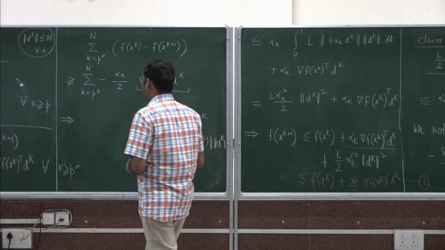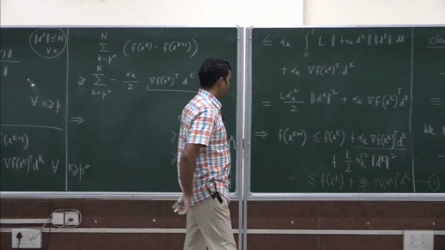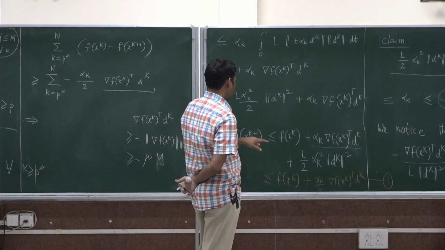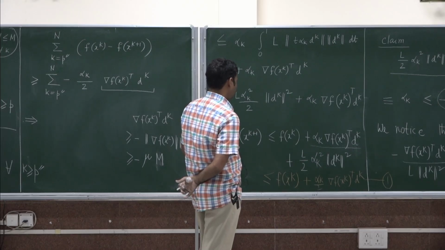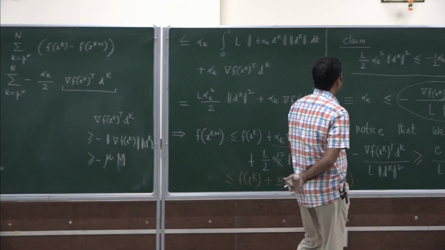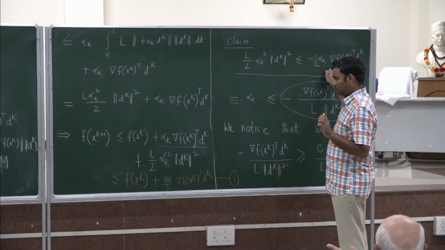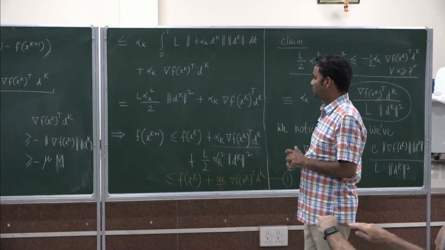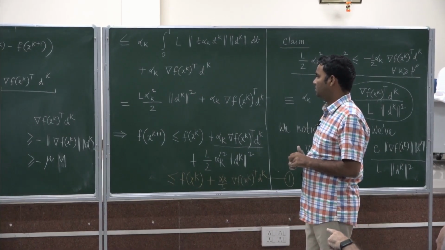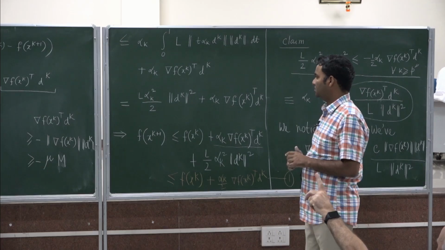Somehow I require this summation to be infinity, but here is a finite quantity. If I bring on the left minus alpha k, no mistake. Already you replaced what is underlined by minus mu, and then let capital N go to infinity.